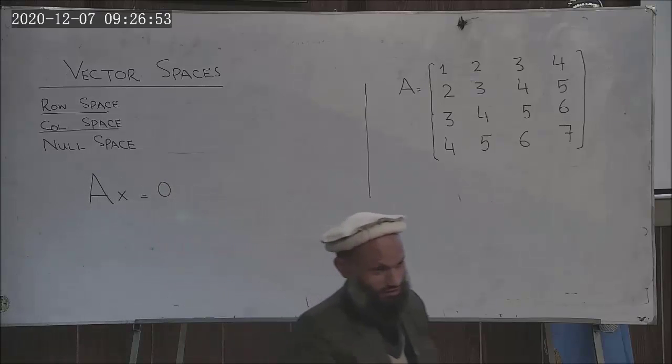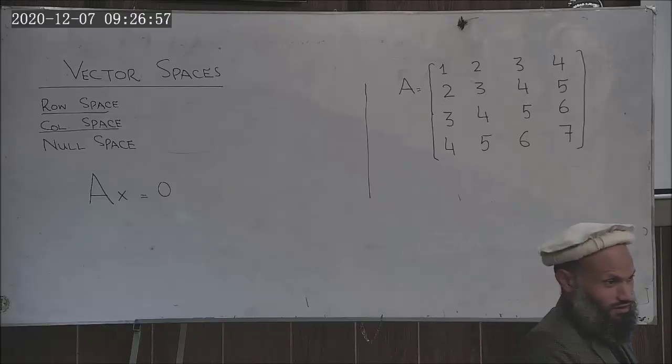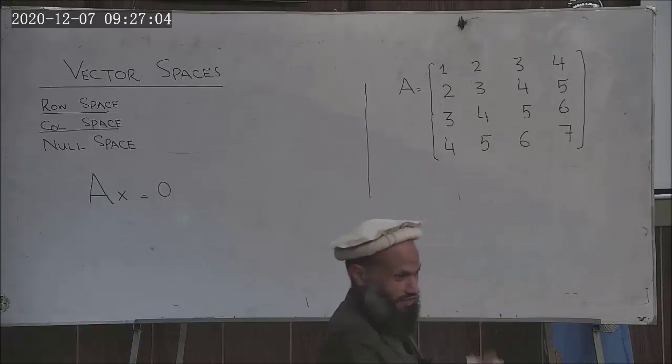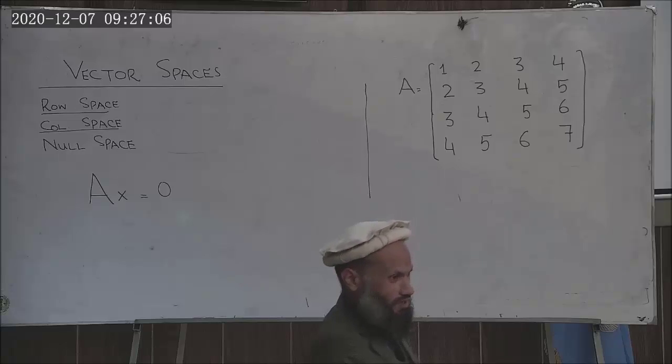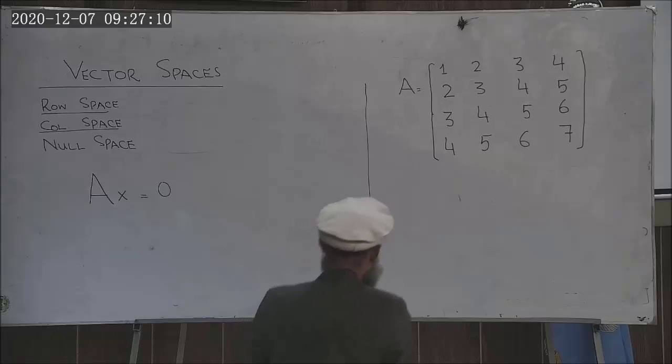How would you find it? You will construct an augmented matrix and then perform elementary row operations to reduce it into echelon form, and then by back substitution you can find the solution to this system of equation.